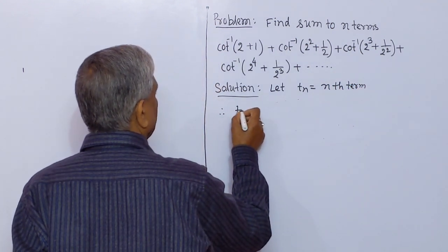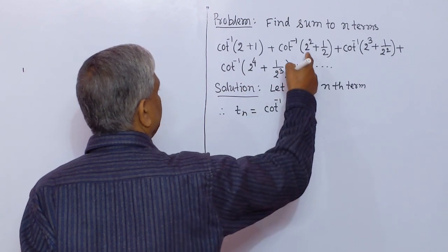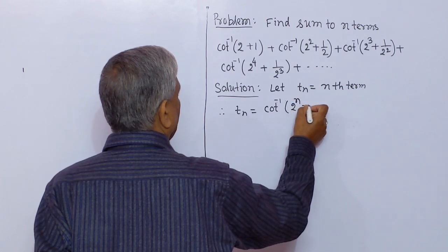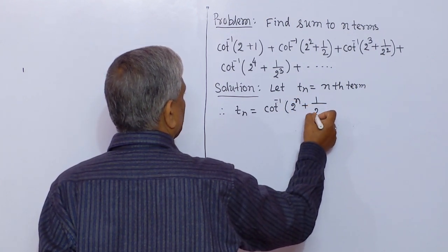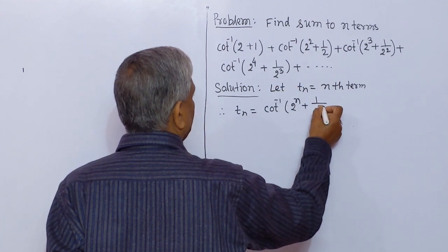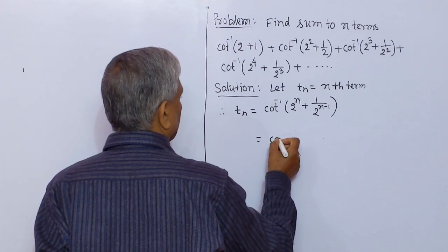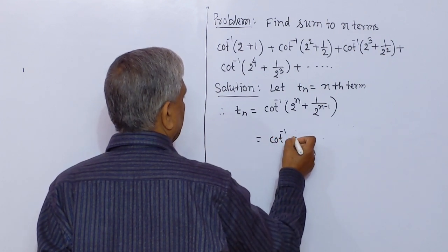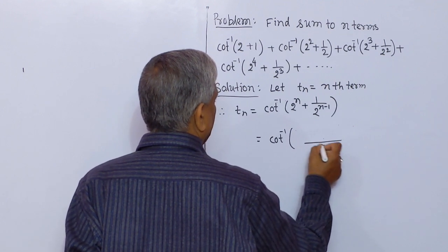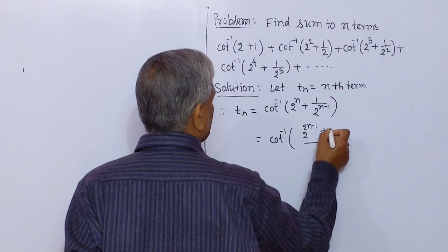Therefore, Tn equal to cot inverse, in nth term 2 to the power n plus 1 by 2 to the power 1 less means n minus 1. This equal to cot inverse here (2 to the power n minus 1, 2 to the power 2n minus 1 plus 1).